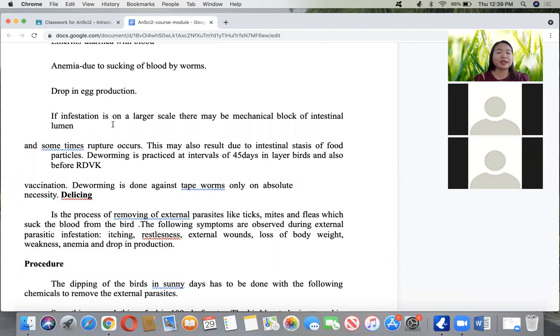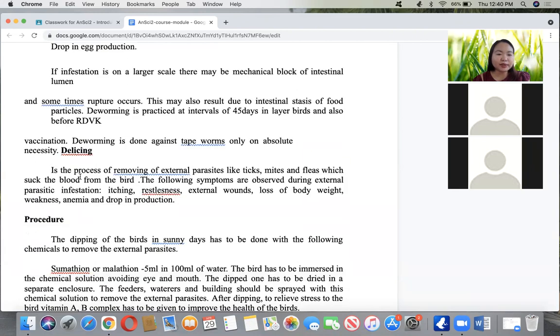Pag larger na yung infestation, there is mechanical blockage of the intestinal lumen, and sometimes rupture occurs and results in intestinal stasis of food particles. So deworming should be practiced every 45 days in layer birds and also before the RDBK and vaccination. And this is done against tapeworms.